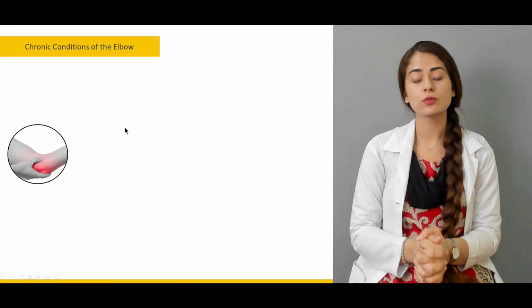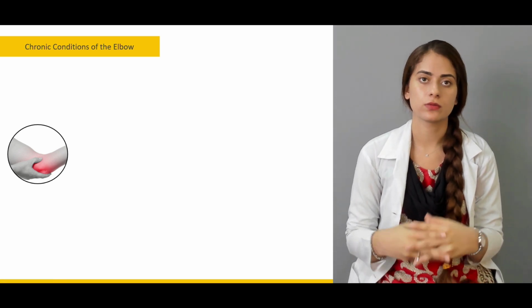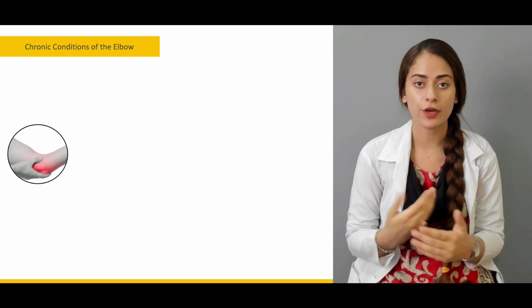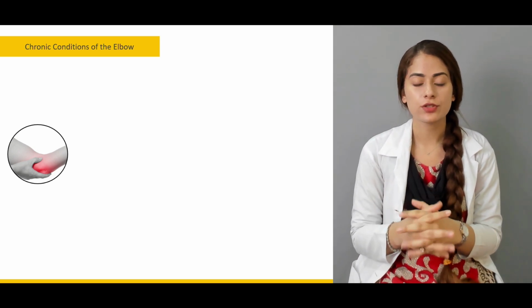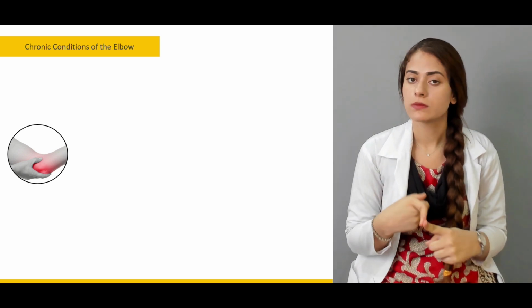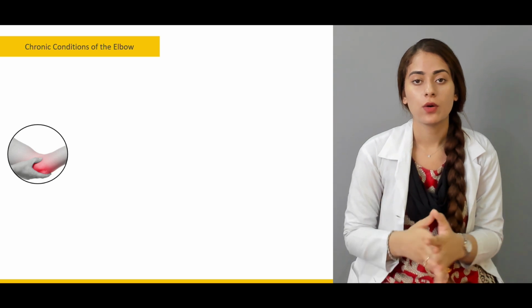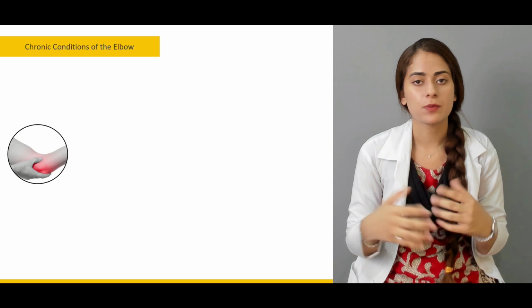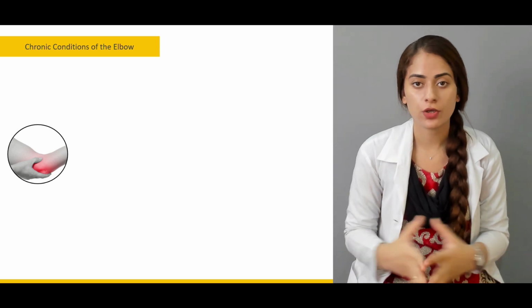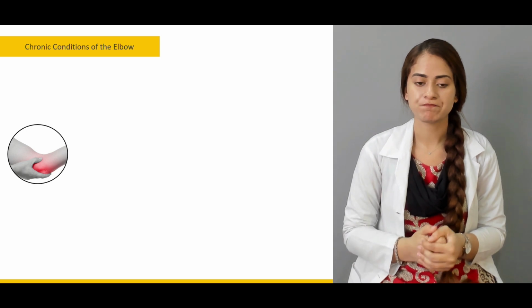So now we will move towards the chronic conditions of the elbow. So what can be the chronic conditions? Chronic conditions can be, like we discussed in the introductory section, biomechanical or mechanical wear and tear, whatever you want to call it. So it's improper use or excessive use of the joints or the limbs.